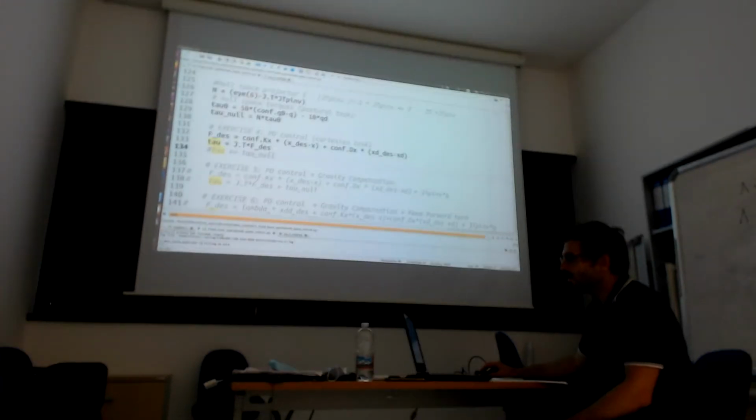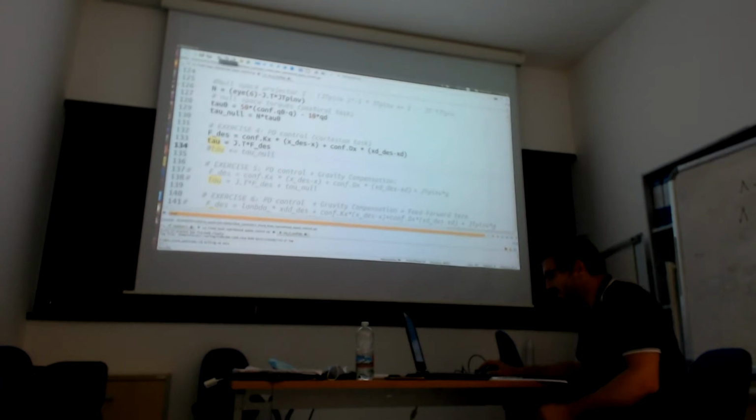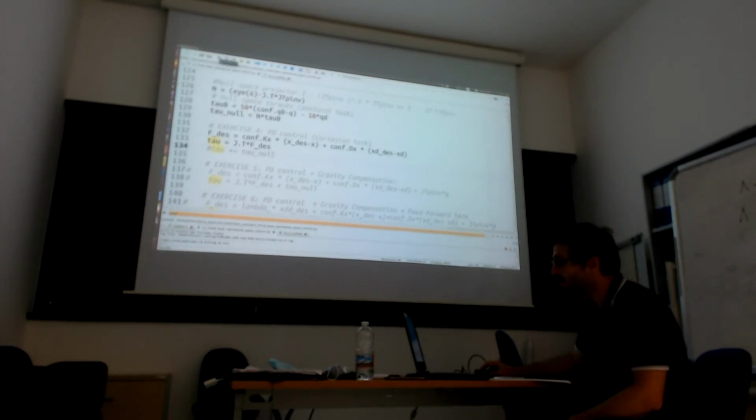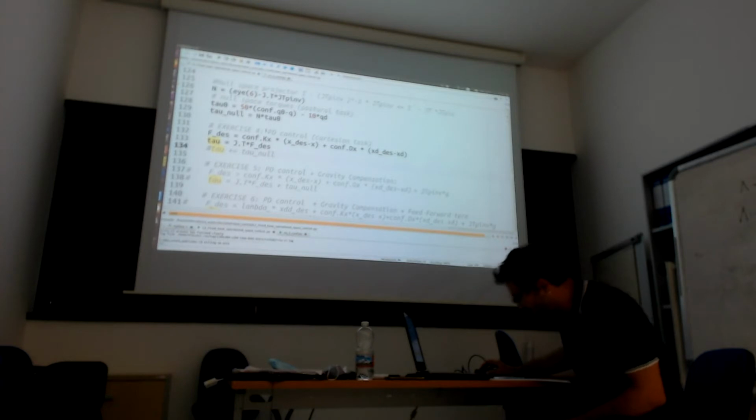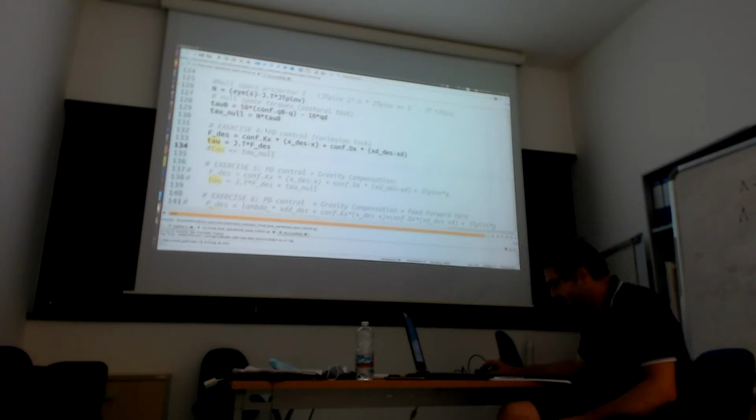So to wrap up the results of the lab, apart from the sinusoidal reference generation, the first control law is the PD control law in the operational space.